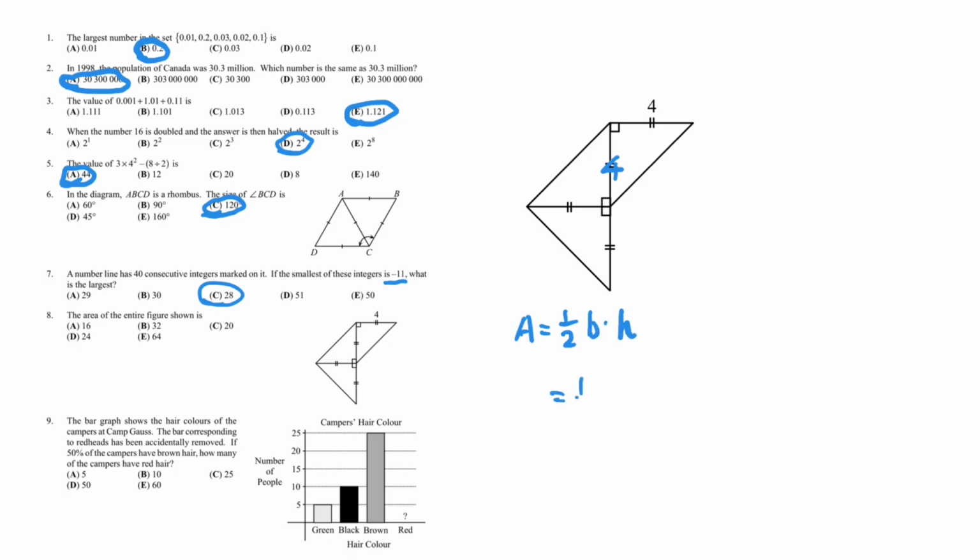In this problem, that's 1/2, base is 4, height is 4, total 3 congruent triangles, times 3. Cancel 2, 2 times 2 is 4. So 2 times 4 times 3, that's 24. Therefore, the answer of 8 is D.